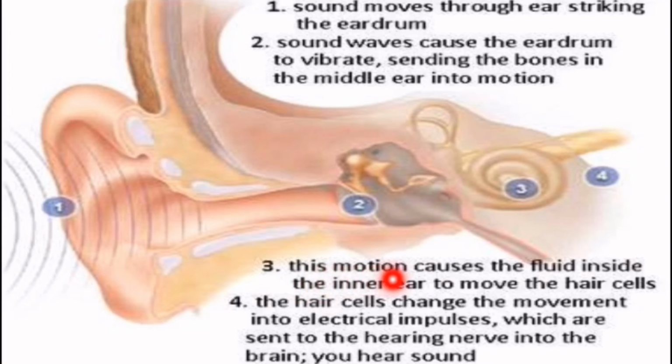Now this motion causes the fluid in the inner ear, which we have discussed, to move and causes the hair cells to move. The hair cells change the movement into electrical impulses which are sent to the hearing nerve and into the brain. That's how our ear hears sound.